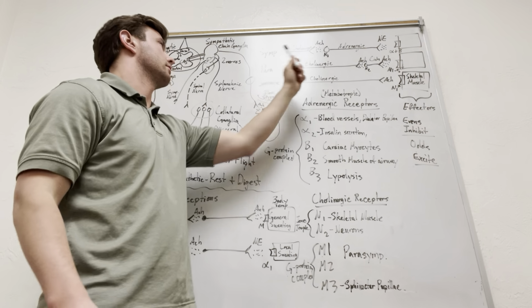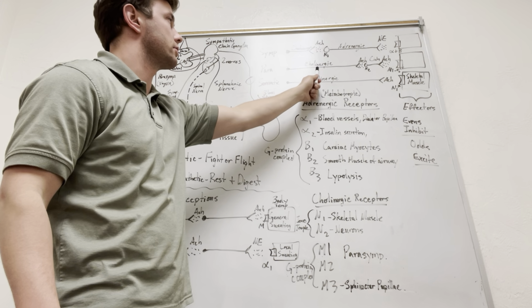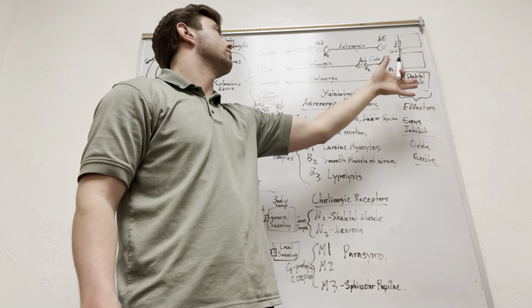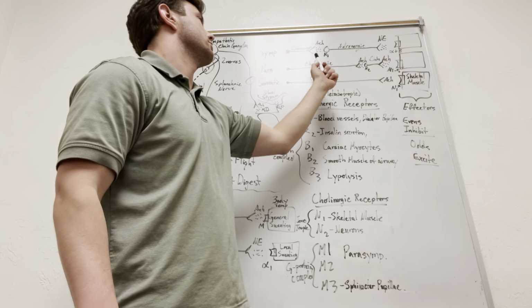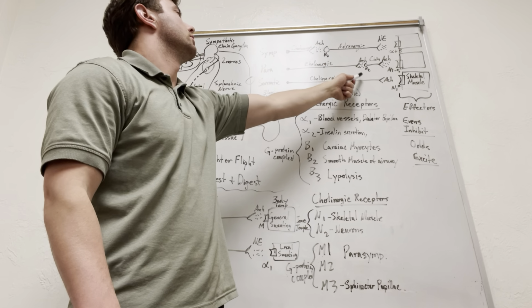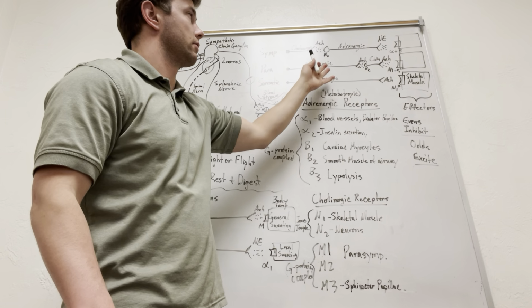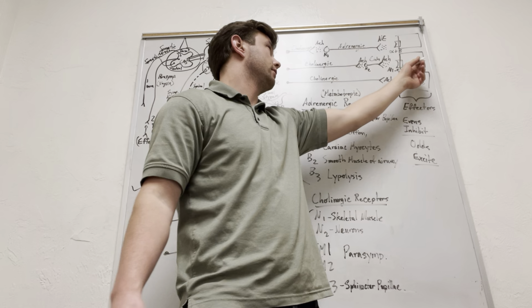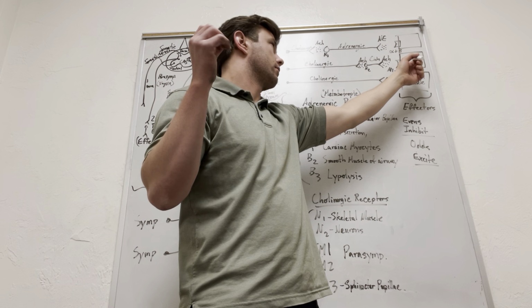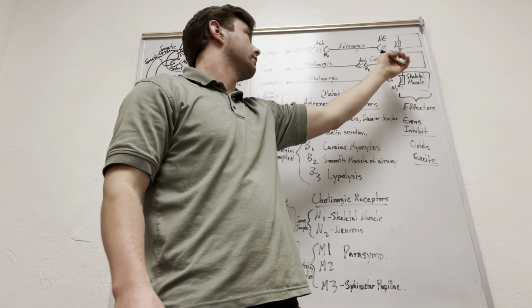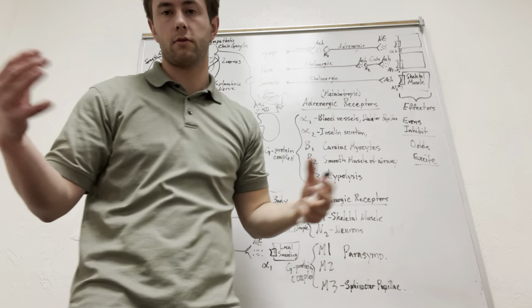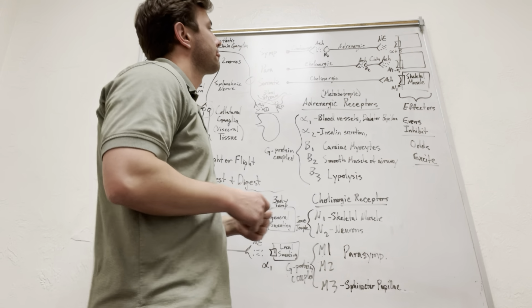Parasympathetic, on the other hand, is also cholinergic, and it will be cholinergic through both neurons all the way to the receptor. Cholinergic will produce the neurotransmitter acetylcholine on both ends of the neuron, and it will be received by muscarinic M1 through 5 receptors.